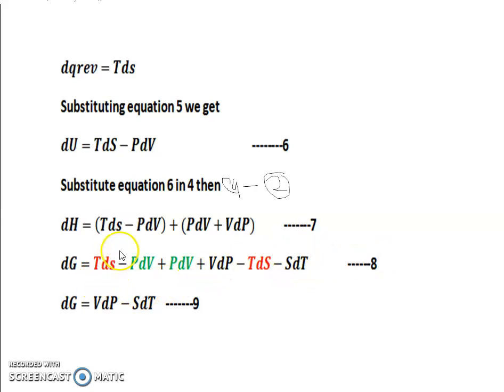The plus TdS and minus TdS get cancelled, and minus PdV plus PdV are also cancelled. Therefore dG is equal to the remaining VdP minus SdT, equation 9.